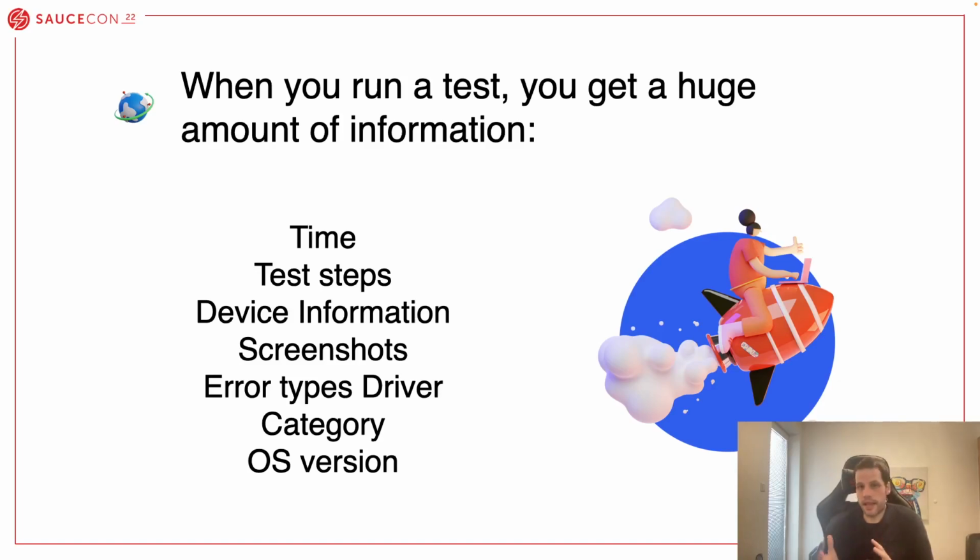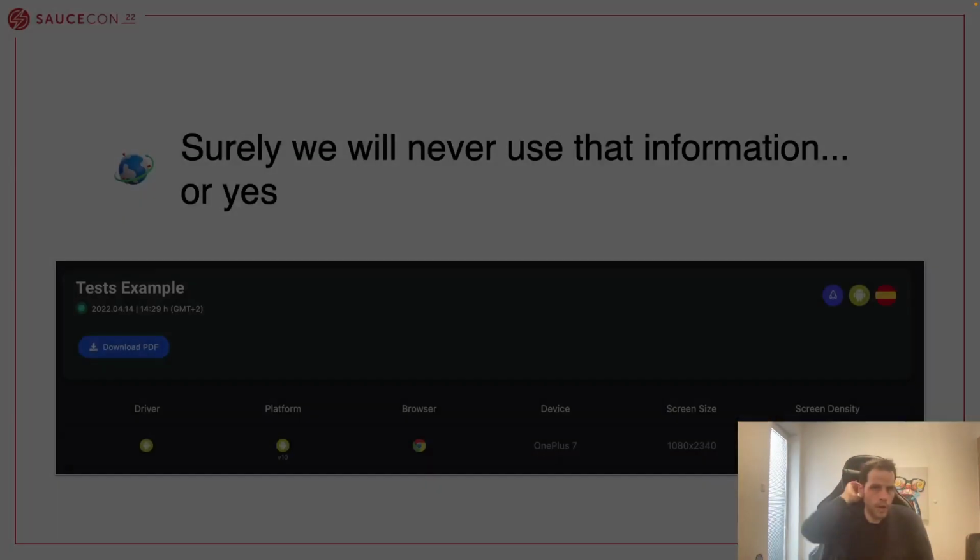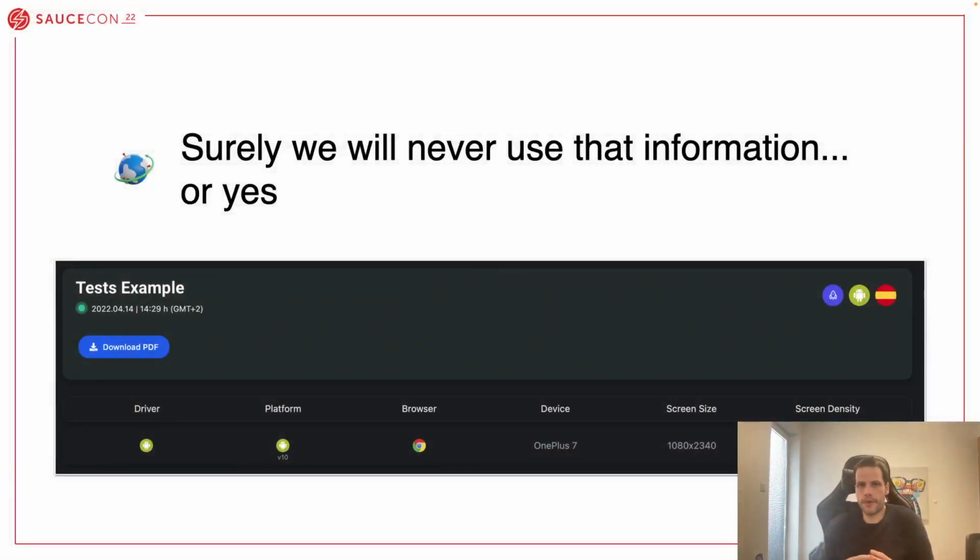Language, test steps, device information, driver information, categories, iOS options, etc. Probably at the beginning we don't know if we are going to use that information or not, even if we are going to use it now or later. But as we can see in the example, if we improve the report that we are giving to our clients, we will need and use more and more information each time.